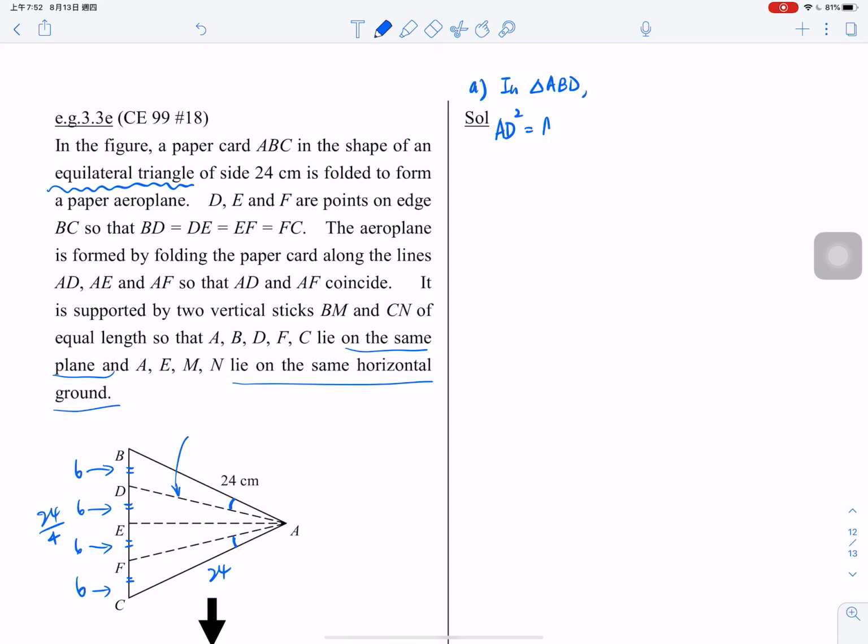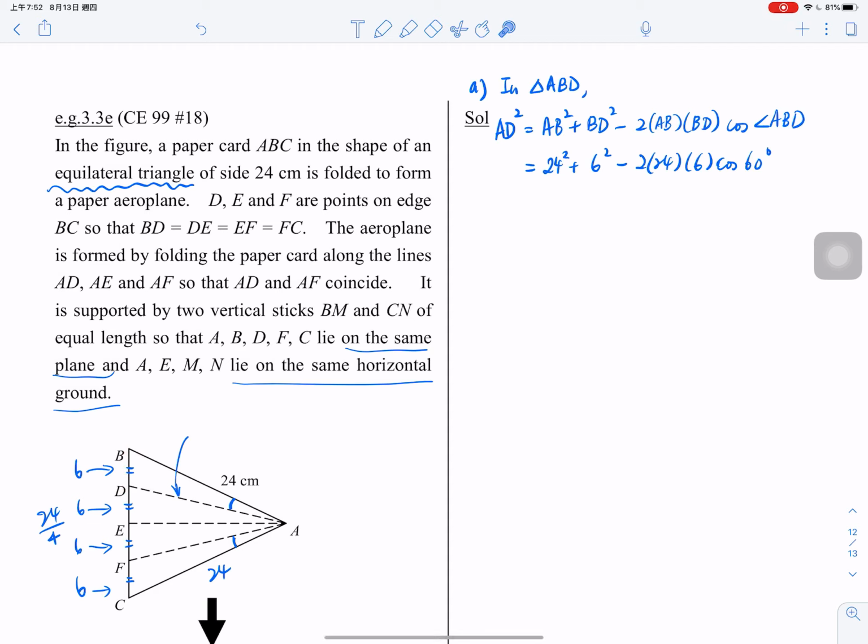AD squared equals AB squared plus BD squared minus 2 AB BD cosine angle ABD. That is 24 squared plus 6 squared minus 2 times 24 times 6 cosine 60 degrees. Clear? Because here is 6, 24.